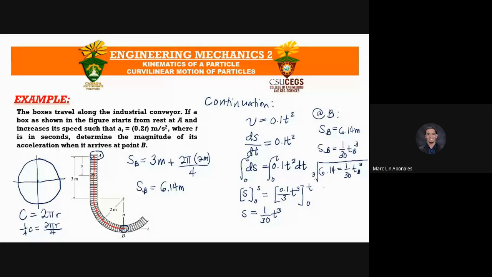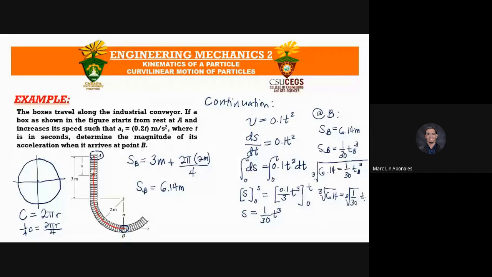So, this would be the cube root of 6.14 is equal to the cube root of 1 over 30 t_B cubed.